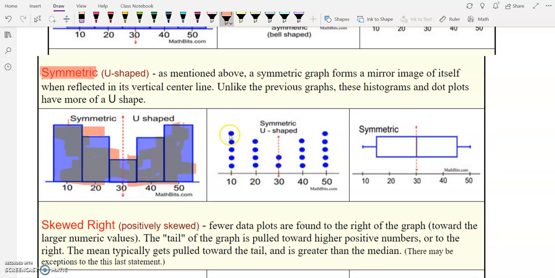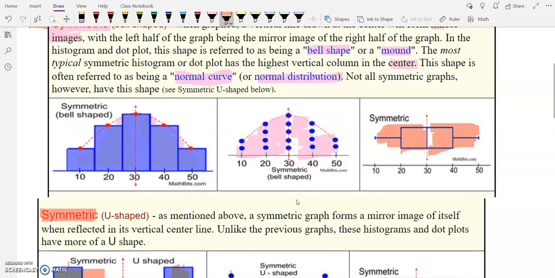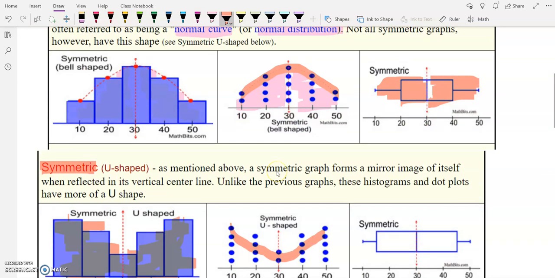But the shape goes from large down to small and then back up to large again, unlike the bell shape, which started small and then went up to large and then back down to small. So it's kind of like an x-axis reflection of the symmetric bell-shaped curve. So those are the two symmetric curves.